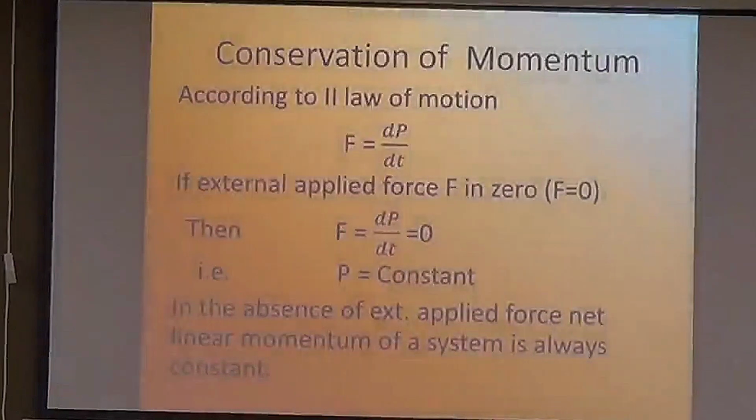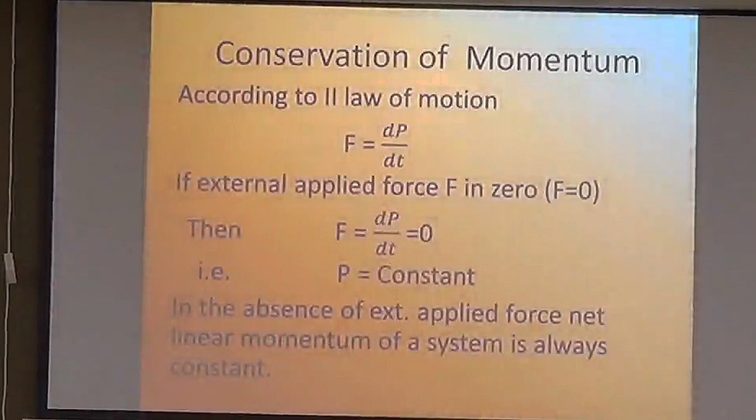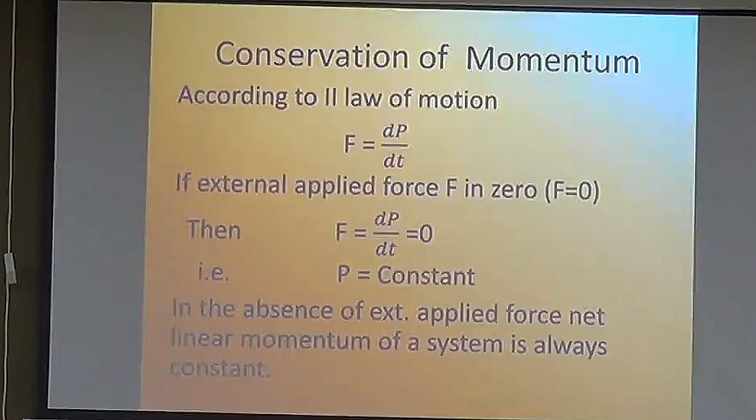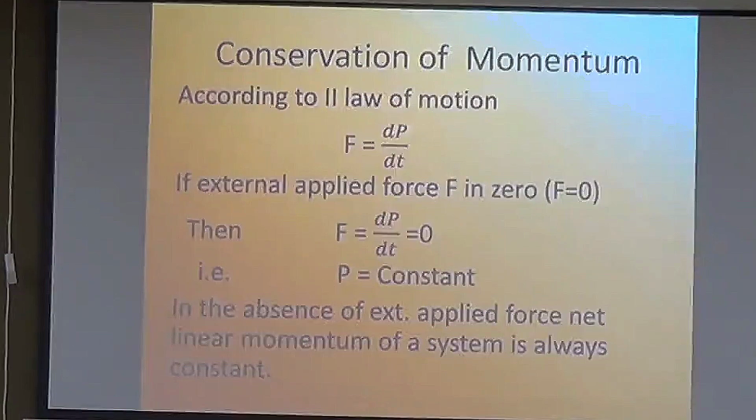Conservation of momentum. The second law says force is equal to the rate of change of momentum. And when there is no external force applied, the force is equal to 0 and the momentum is always constant.